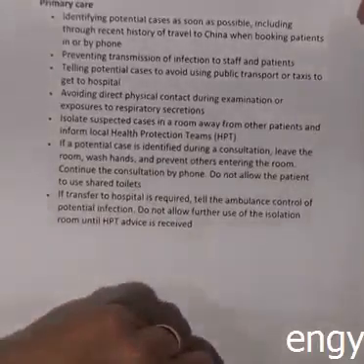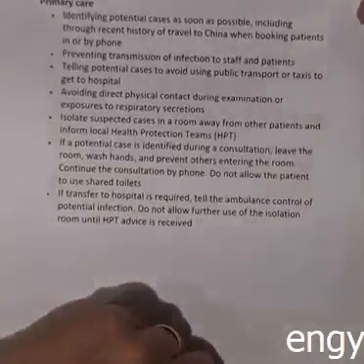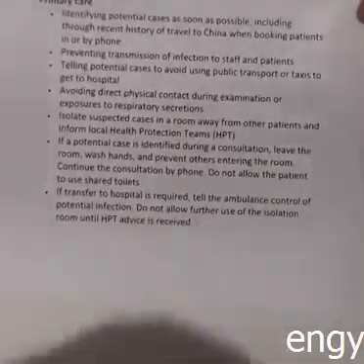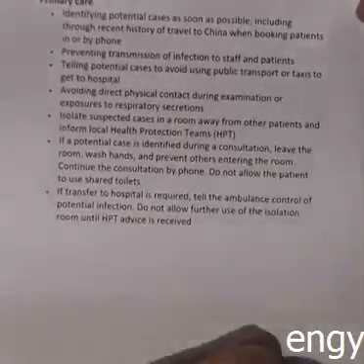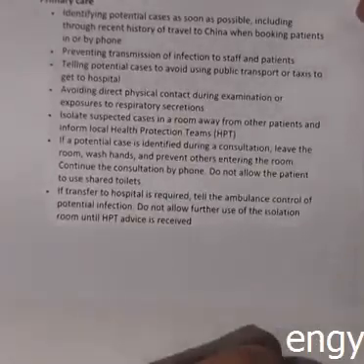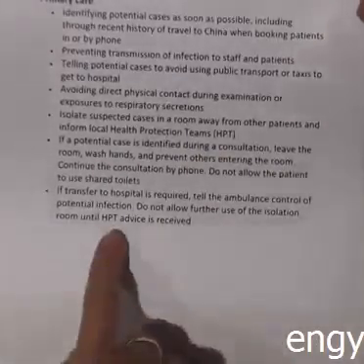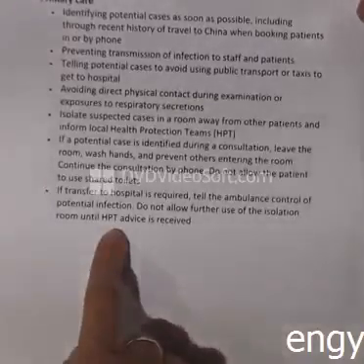Don't allow the patient to share a toilet. And if transfer to hospital is required, tell the ambulance and control people. And patients need to be isolated, and the room where the patient was can't be used again until it's been cleaned and cleared by the health protection teams.